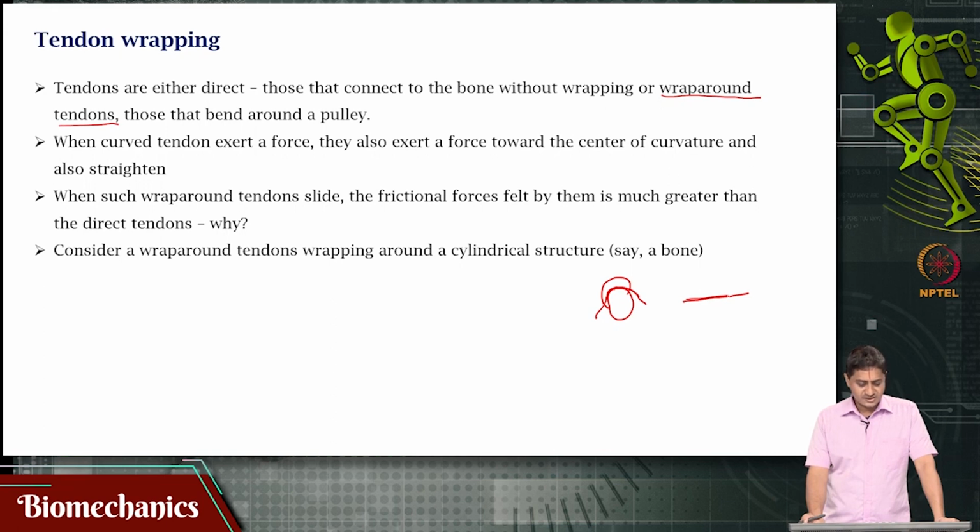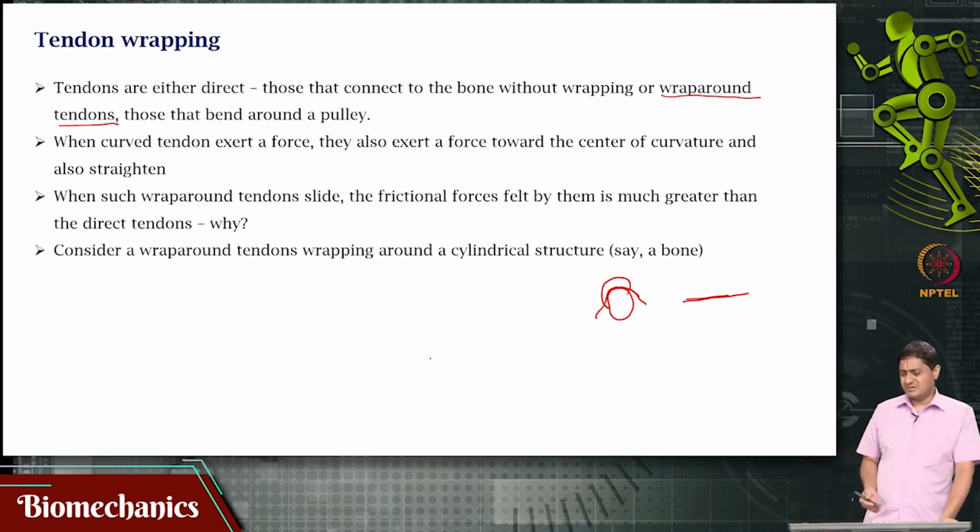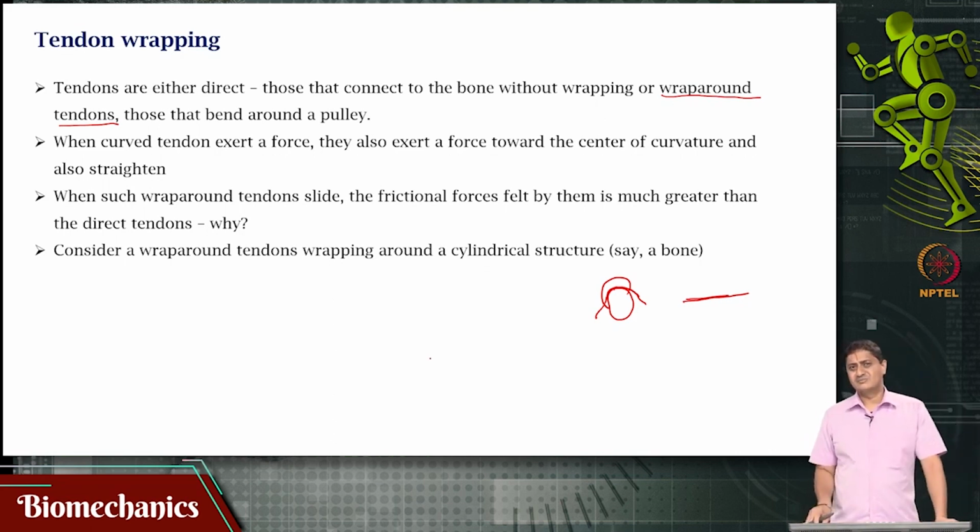Now, let us consider wraparound tendons that wrap around a cylindrical structure. By the way, remember we discussed the case of the pulley and the purpose of this kind of pulleys and wrapping around. One example that immediately comes to my mind is the case of the patella.